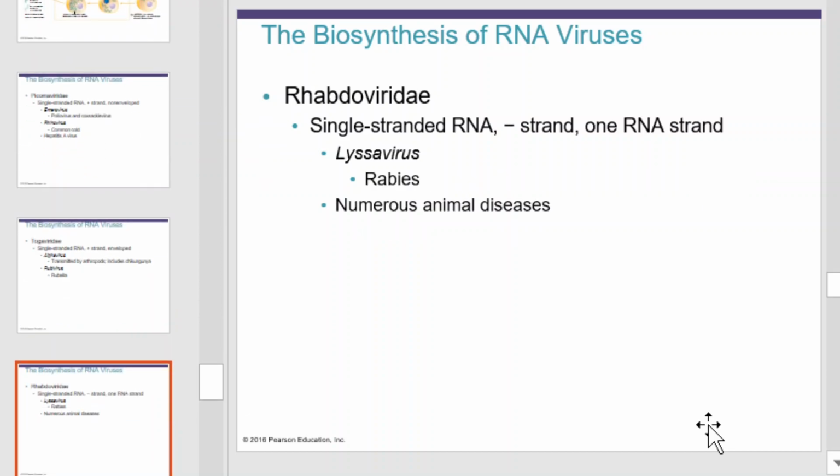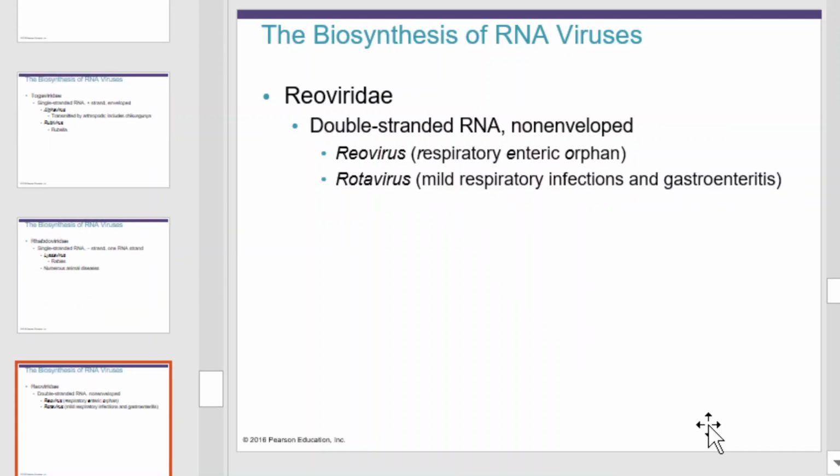Rhabdoviridae are the single-stranded RNA minus viruses with one RNA strand. Lyssavirus, which causes rabies, belongs to this group. Reoviridae are your double-stranded RNA non-enveloped viruses. Reovirus and rotavirus belong to this group.